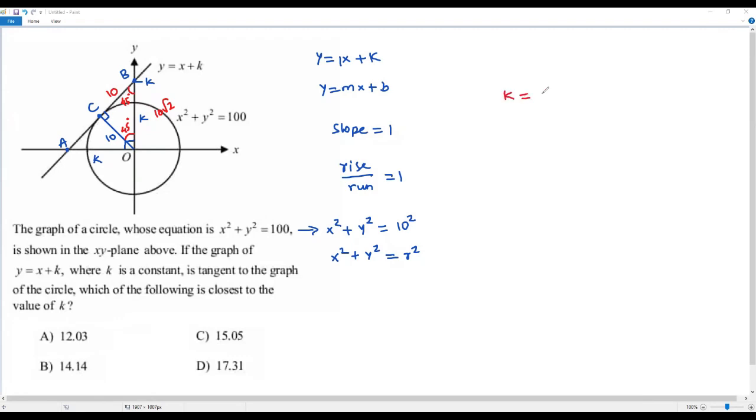Then k and 10 times the square root of 2 must be equal. Now to get the value of 10 times the square root of 2, we have to multiply 10 and the square root of 2. Using a calculator, I'm getting 14.1421 and it keeps going. Okay, now let's consider the given answer choices for the value of k. We have to get the one that is closest to this value, that is clearly 14.14 in answer choice B. So the correct answer choice for this question is B.